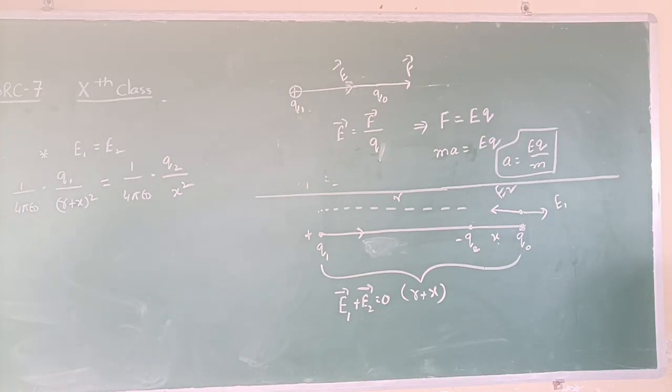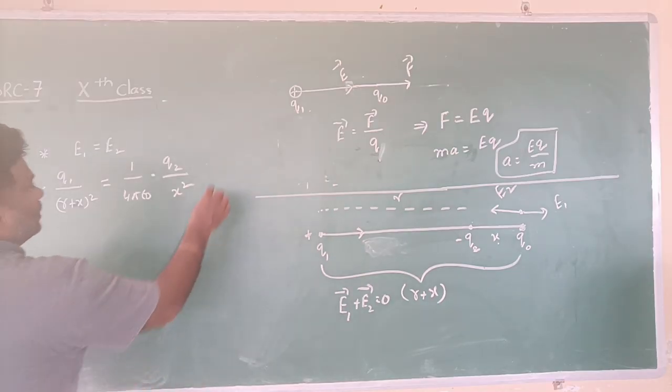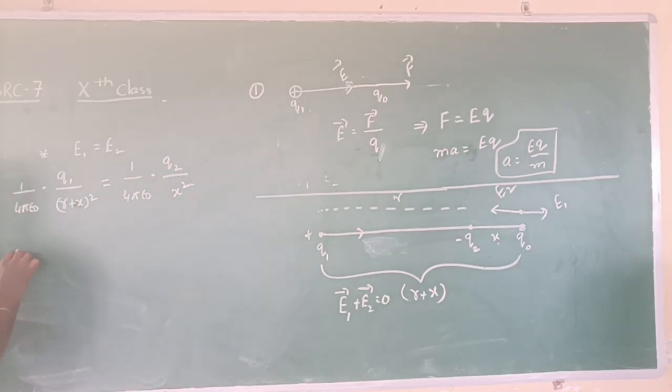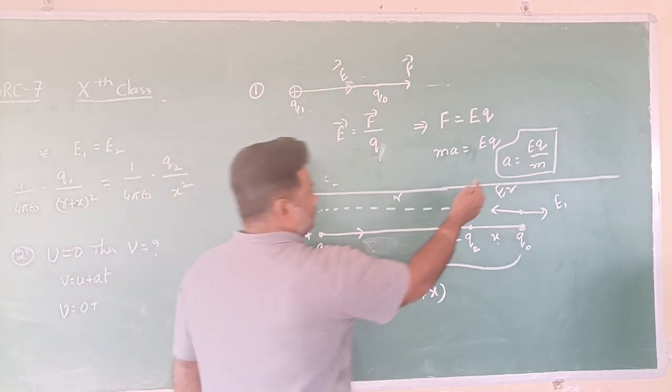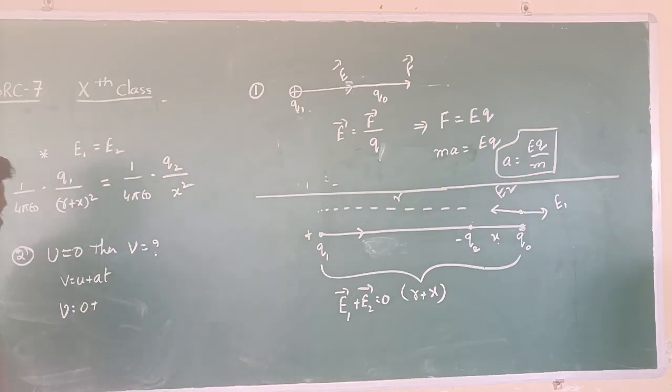Tomorrow we will calculate v, or else today itself we will discuss that. This is the first one, and the second one: when the initial velocity is equal to 0, then the final velocity v is equal to, just a simple formula, v is equal to u plus at, we all know this. So v is equal to 0 plus, because the initial velocity u is 0, acceleration we already came to know, acceleration is equal to eq by m, into t.